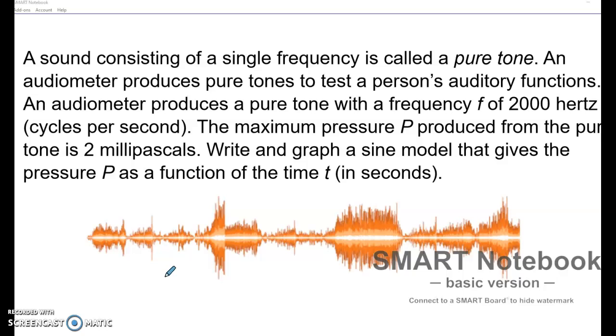So when we look at this, we are going to be writing our function, so the pressure P, and we're going to represent it as a sine function. Let me rewrite that.